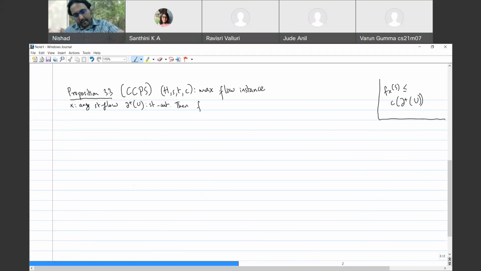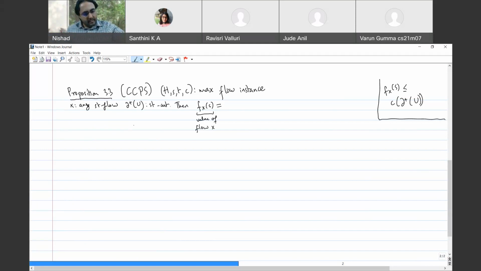So we will prove that the flow at S, maybe I should show a figure to explain this. Okay, so in some sense, this is the value of the flow, right? This is how we define the value of flow x.